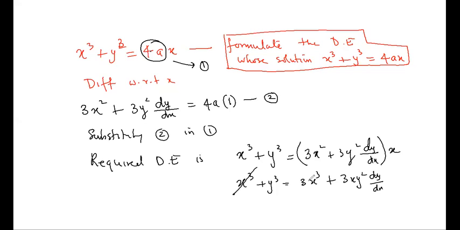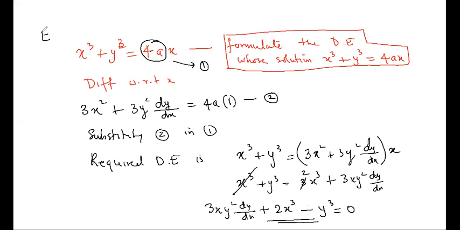Now one x cube you can cancel off and make it 2. So my final answer is 3xy square dy by dx plus 2x cube minus y cube equal to 0. Have you understood or not understood? Understood. Everybody clear? Yes, sir.